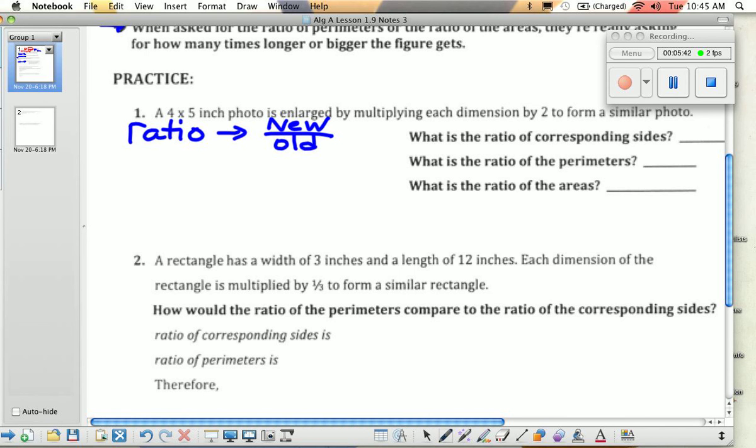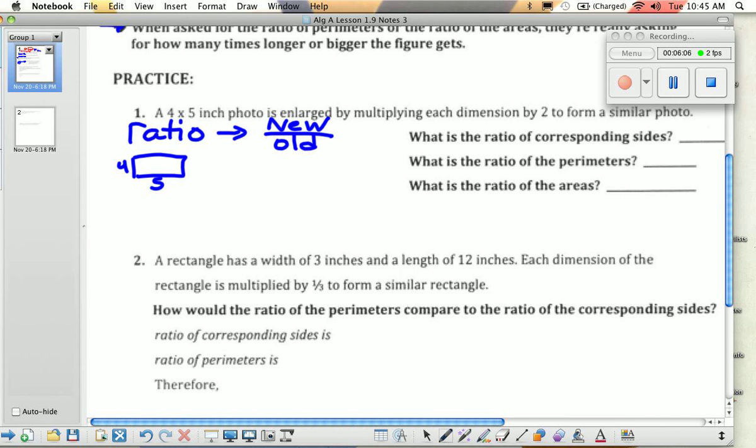Okay, well, let's just draw some little pictures here. Let's have our 4 by 5 inch photo. And then it says we're going to multiply each dimension by 2 to form a similar photo.